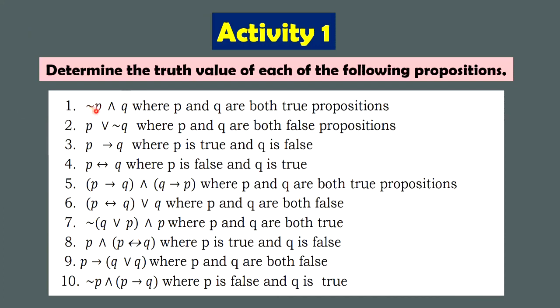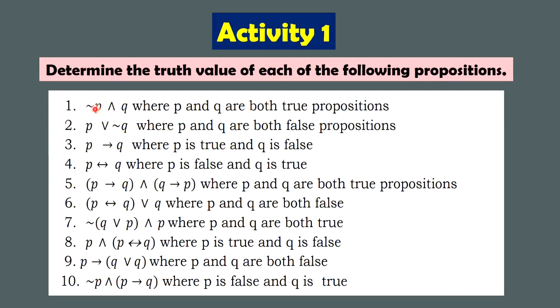False. So, you have false and true. What can you say about that? It is false. Kasi may false na isa. Tapos and yung connector. If you recall, kapag and ang connector, magiging true lang yan kapag parehong true. Pero dito nga nagkaroon tayo ng false.